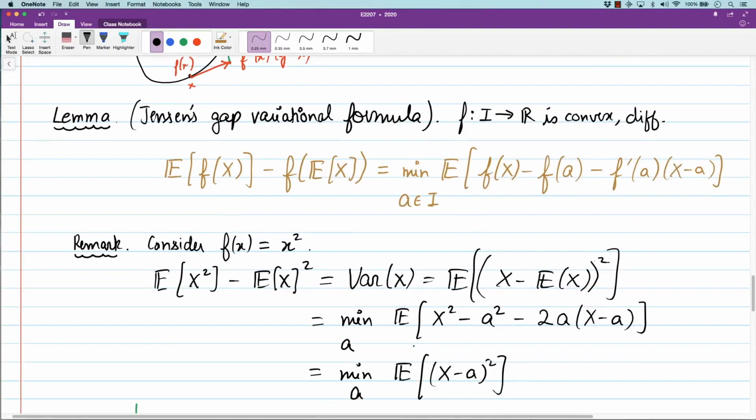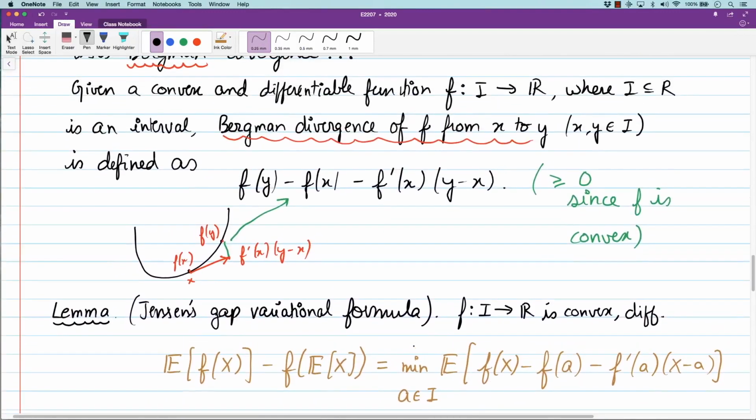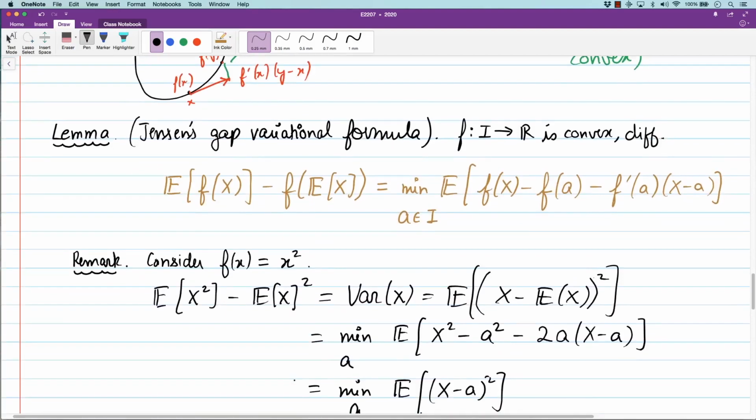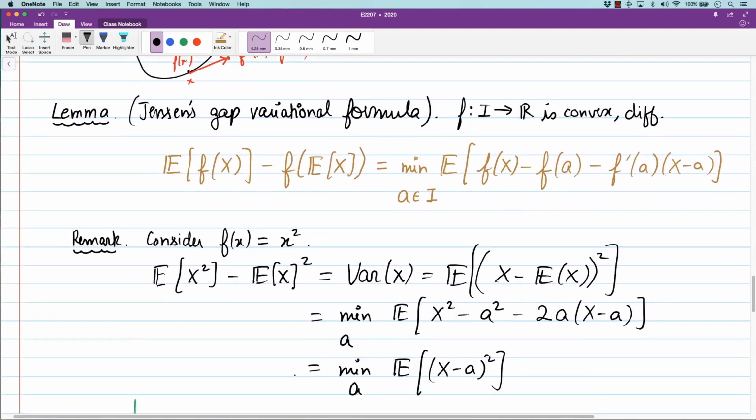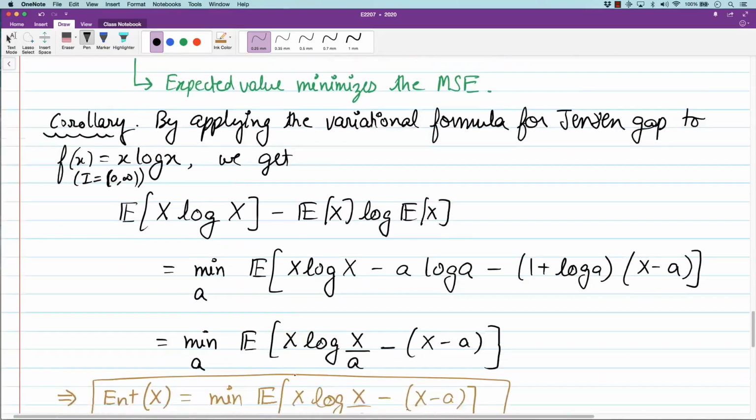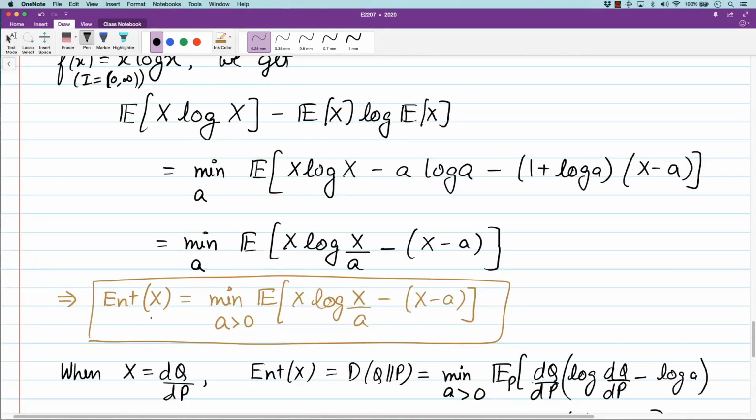And second is this variational formula for the Jensen's Gap thing that I derived. But instead of that particular formula, what we can remember is its consequence, which gives a nice variational formula for entropy, similar to divergence: the entropy of X is equal to the min over all non-negative a of the expected value of X log X minus log a minus X minus a.